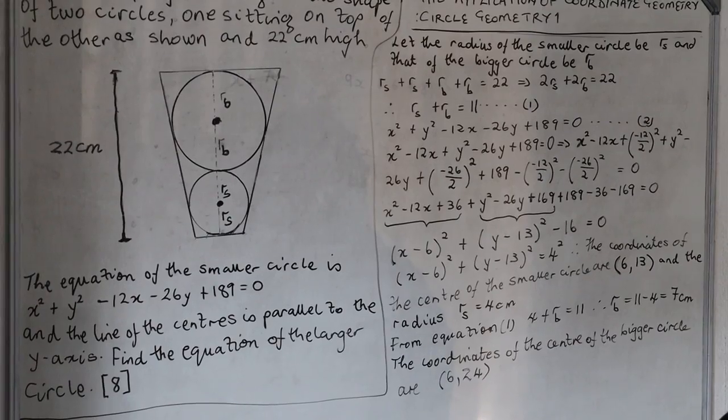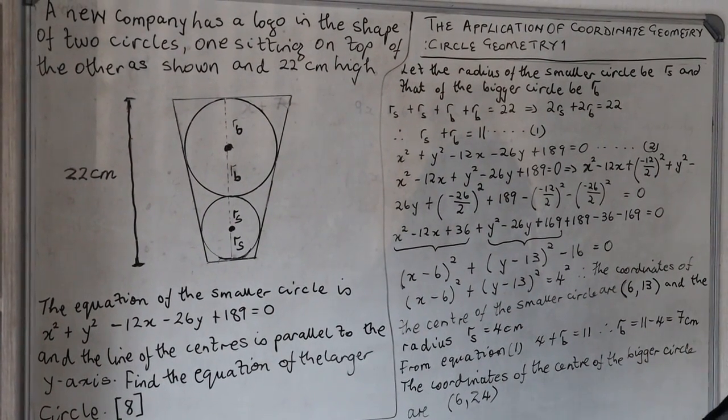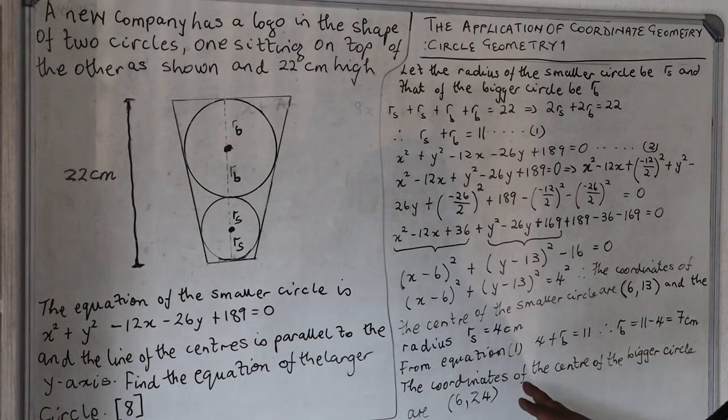And once we know that the radius of the larger circle is 7 and its center is at (6, 24), we can actually write the equation of the larger circle in terms of the center coordinates and radius form.